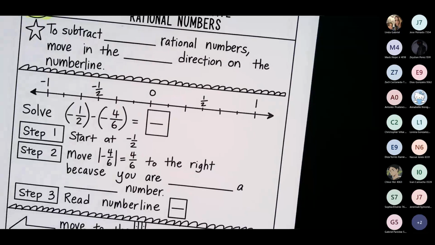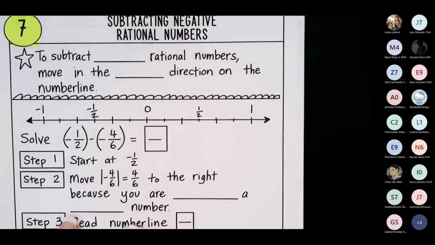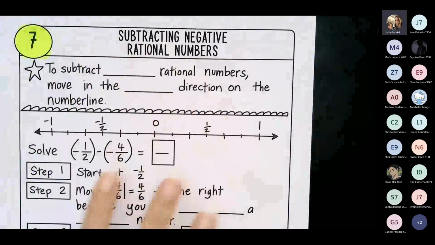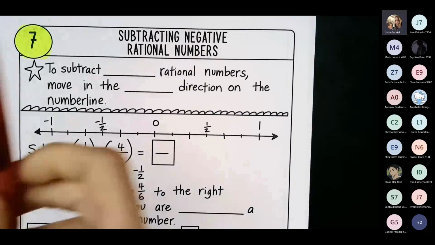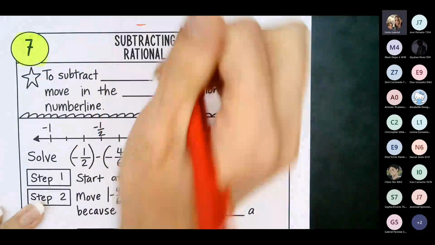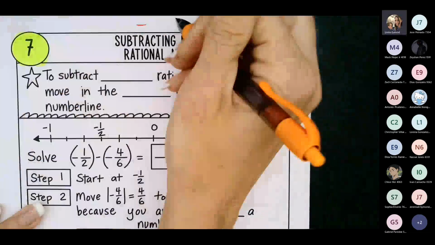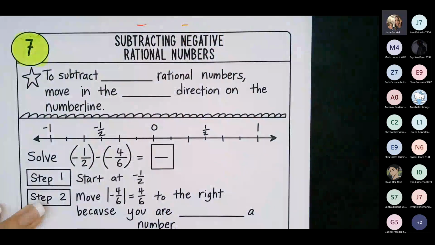All right, so let's get to rule 7 on our list, actually slide 11 on your Nearpod. Today we'll be learning how to subtract negative rational numbers.